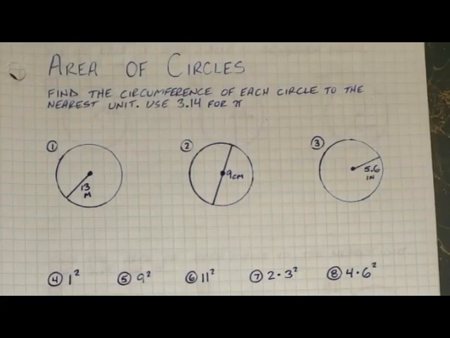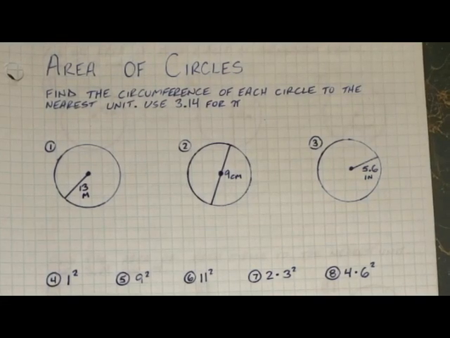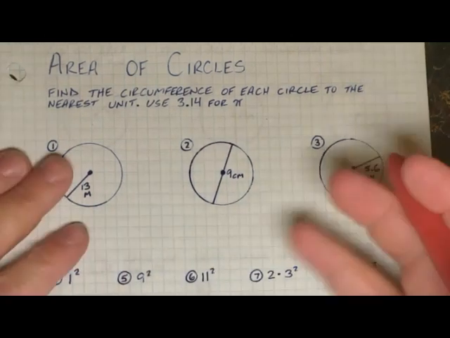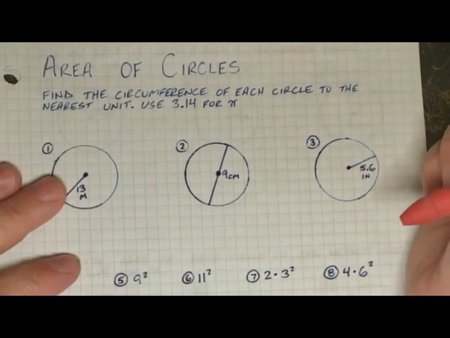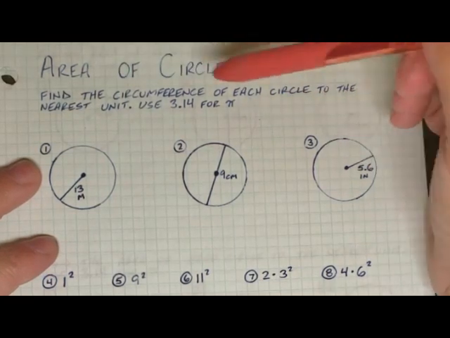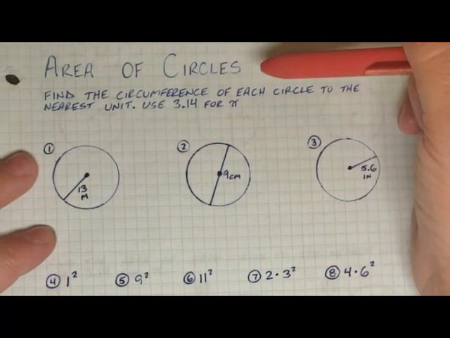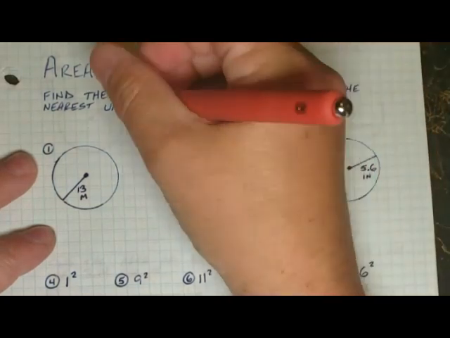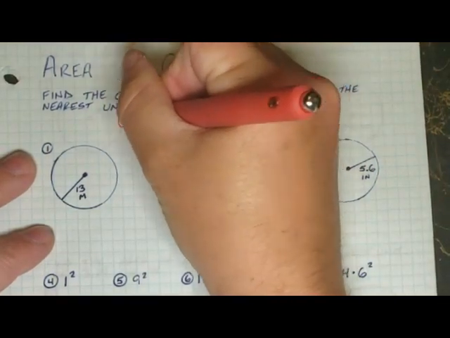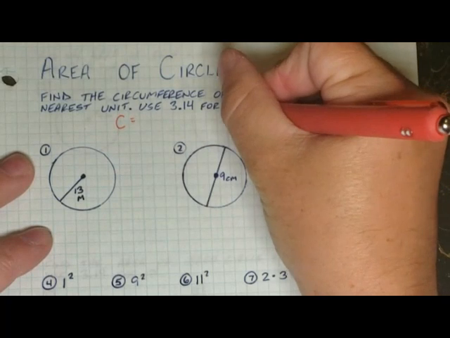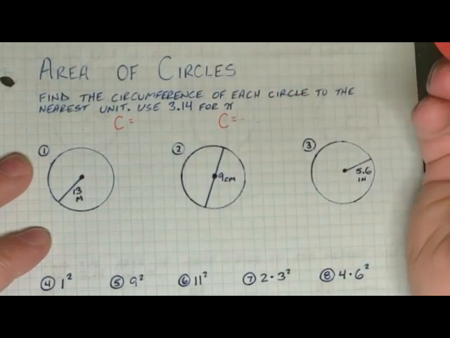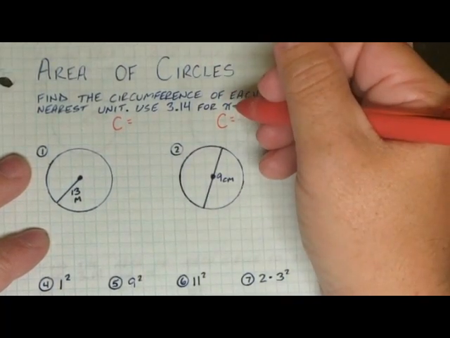Did you work these problems out for yourself? I hope so. So, here we go with the answers. We were asked to find the circumference of each circle to the nearest unit. Use 3.14 for pi. Well, there are two formulas for the circumference of a circle. One of them involves a radius, one of them involves a diameter.